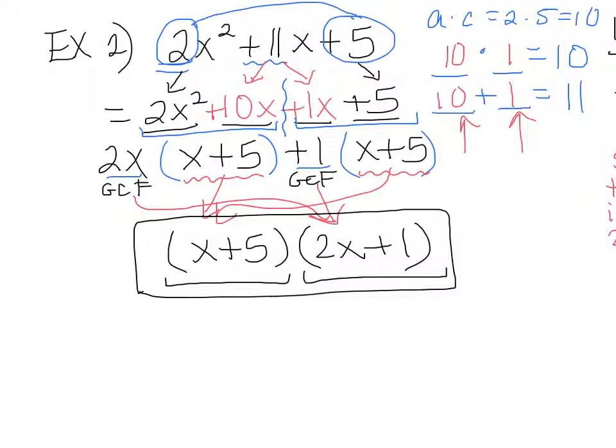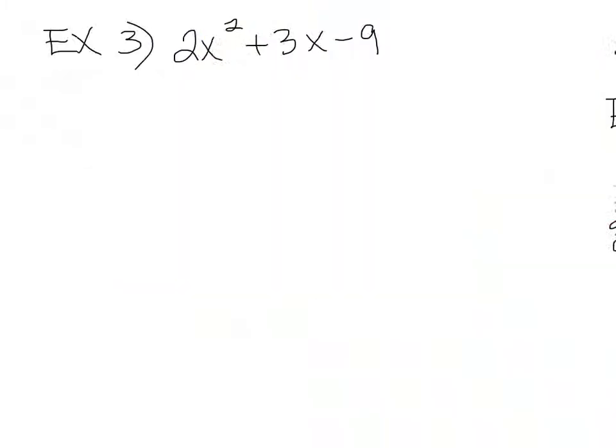Let me give you another example to try on your own. Go ahead and copy down this example for example 3 and try to work through those steps that I showed as a strategy to factor this trinomial.